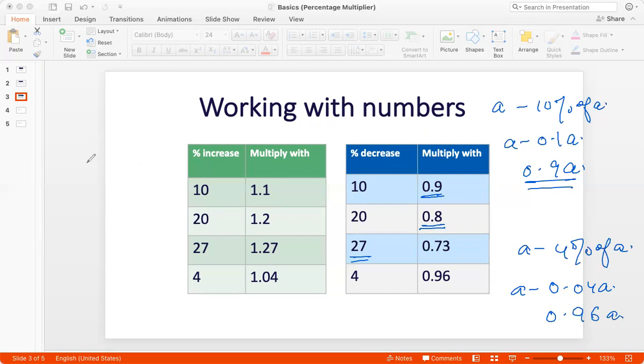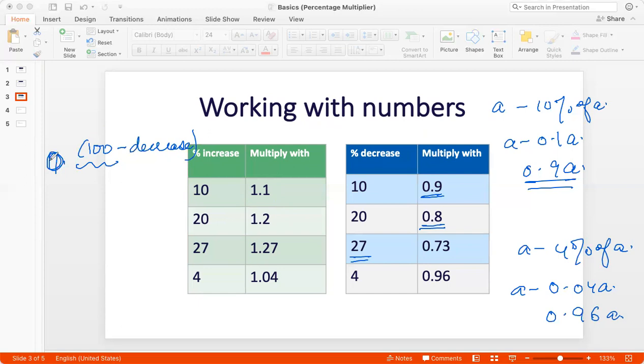If I have a decrease of any number between 1 and 99, then my multiplier becomes 0 point whatever is left when I subtract that percentage decrease from 100, right? So for example, if I subtract 4 from 100, I get 96. So that's 0.96.